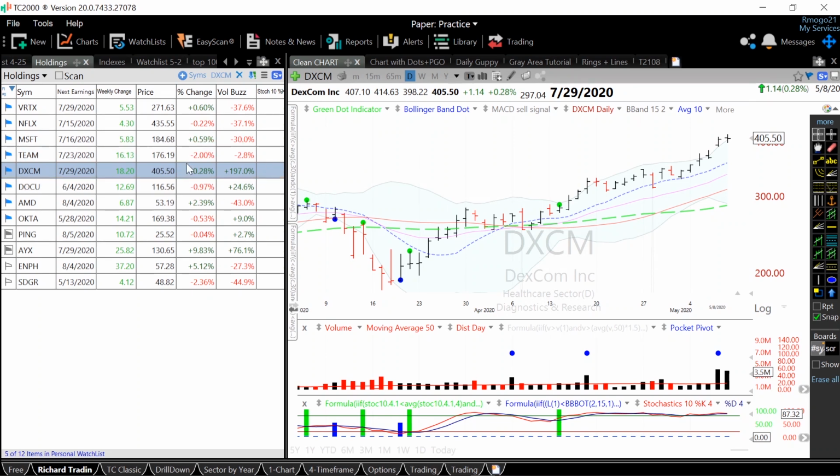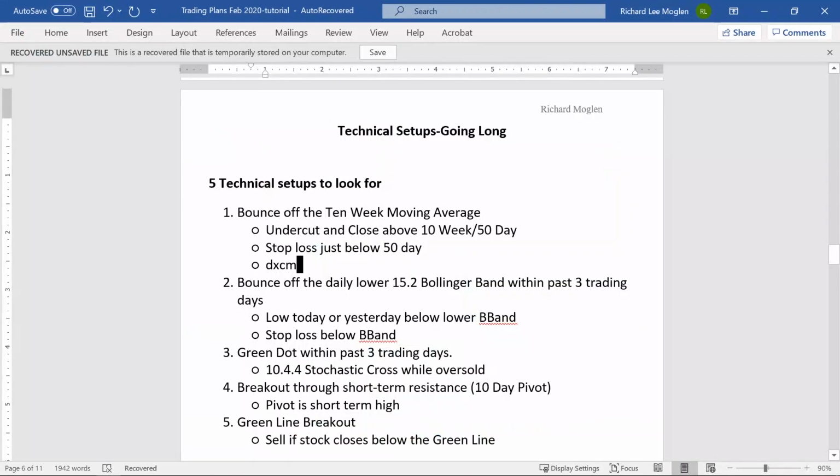And with every trade that I make, I keep track of this volume buzz statistic to make sure that I'm buying only when this volume buzz is greater than 0%. But anyway, the actual position was bought on this day, and as I said, I bought it at 10.15 as I saw it was increasing on above average volume and holding above this 50-day moving average. So that is how I use that first setup.